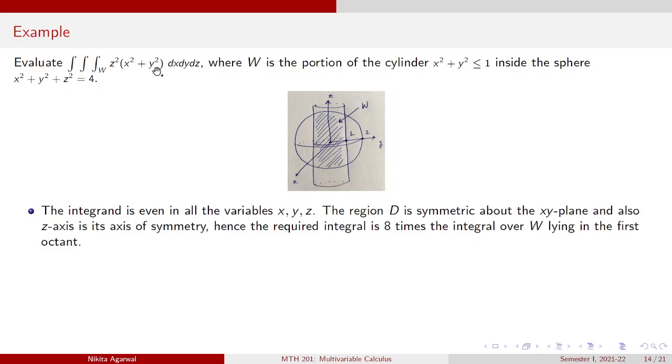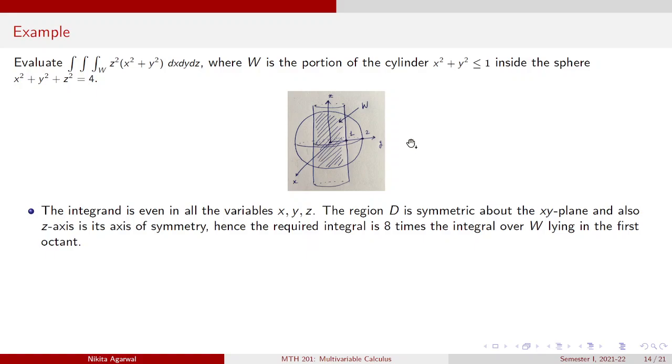So the integrand is even in all the variables x, y, z. So I am going to use a symmetry argument to simplify some of the integration. Region W is symmetric about the xy plane, right? And also the z-axis is its axis of symmetry.